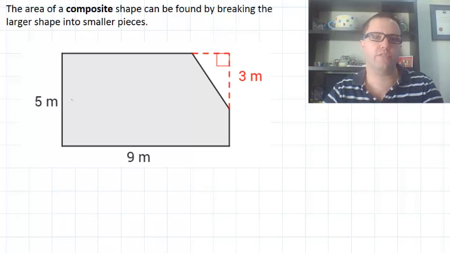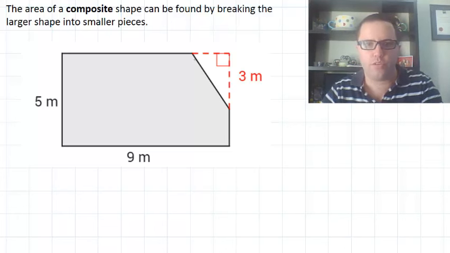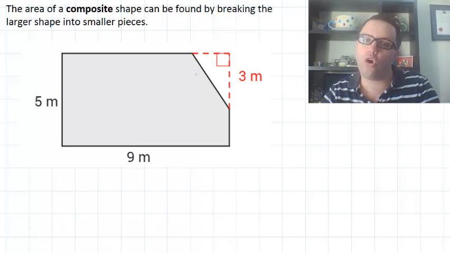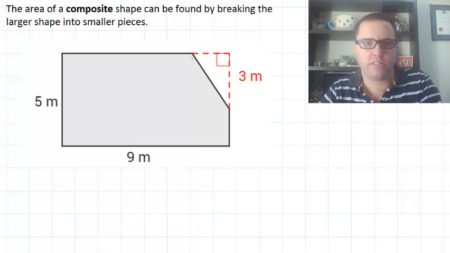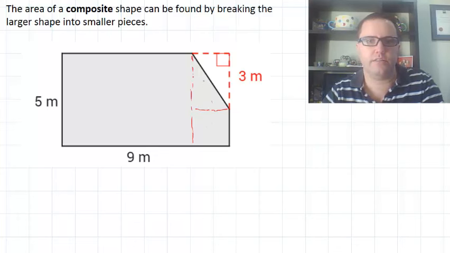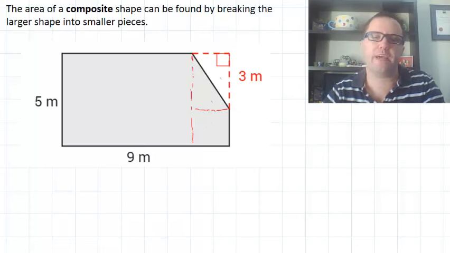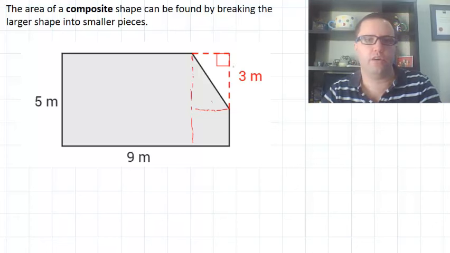So if we look at it, we've got a rectangle maybe with a triangle that's been cut out of it. Or you could see it as a rectangle here with a square, another piece added here, and this triangle added onto the side. The easiest way to go about this one though is by just taking the whole rectangle and then subtracting away this little piece of triangle.